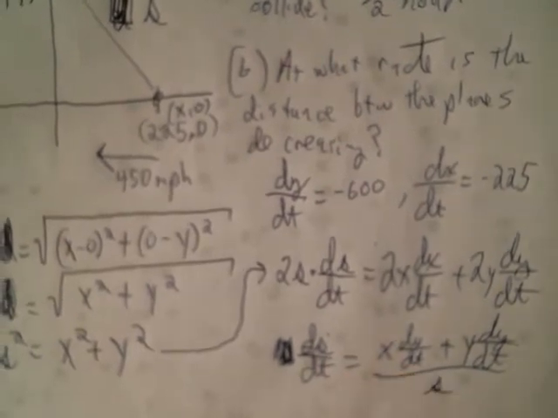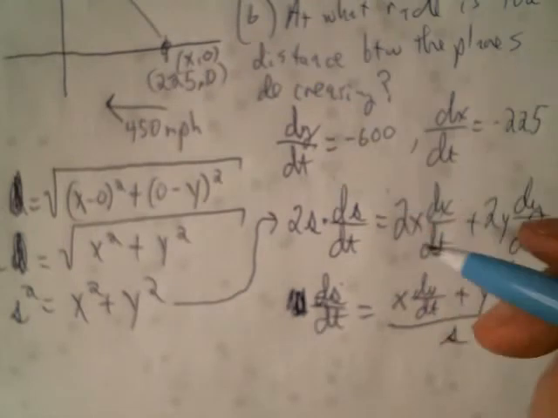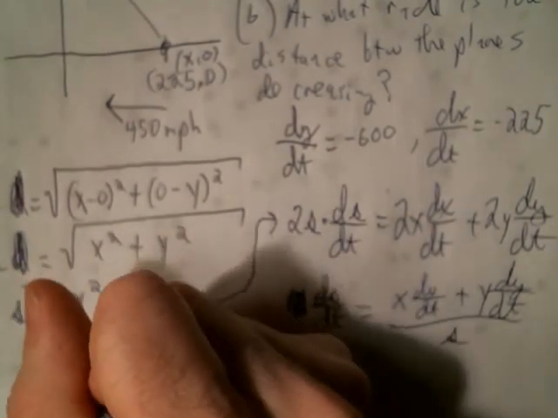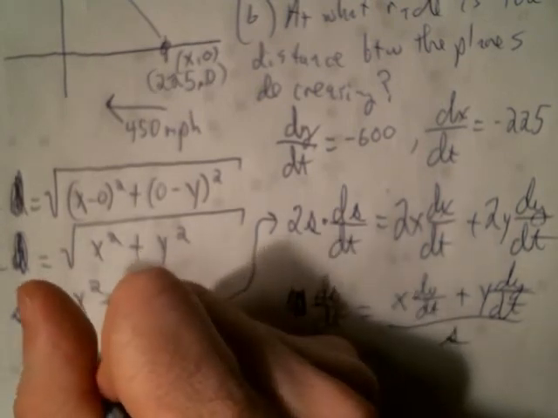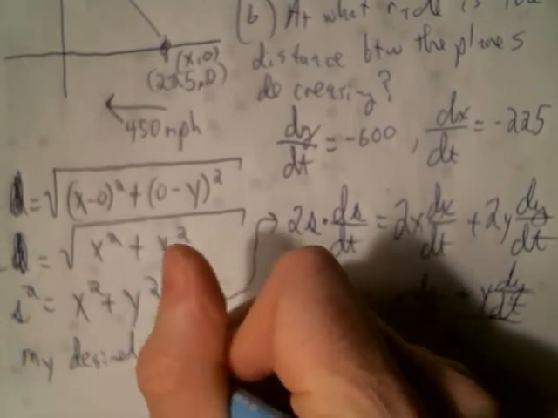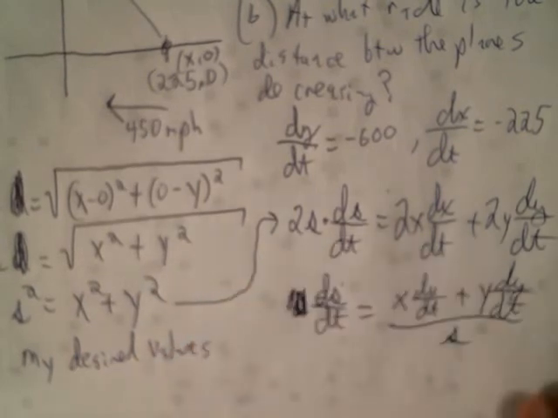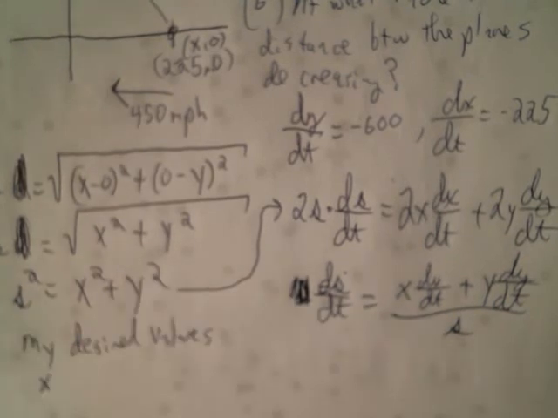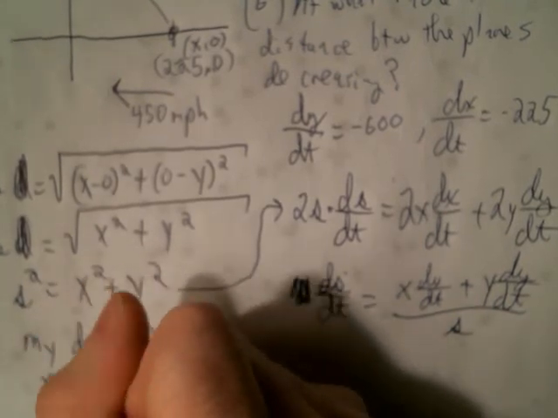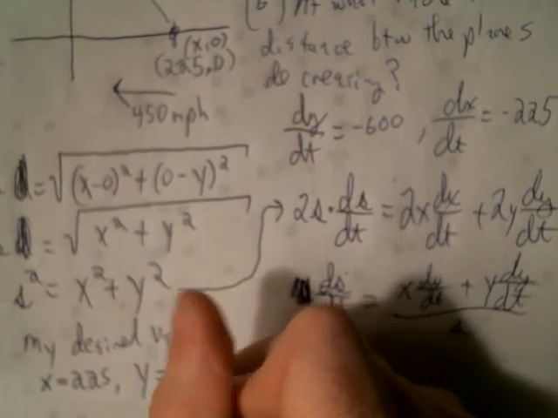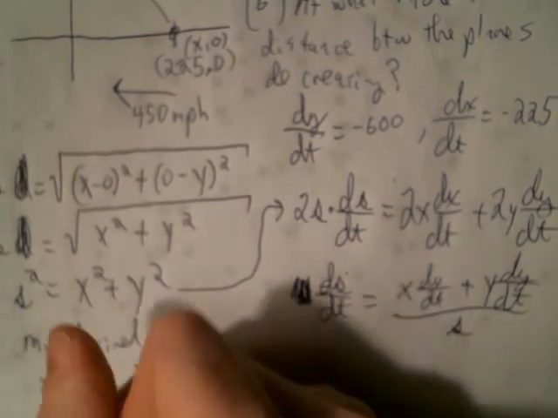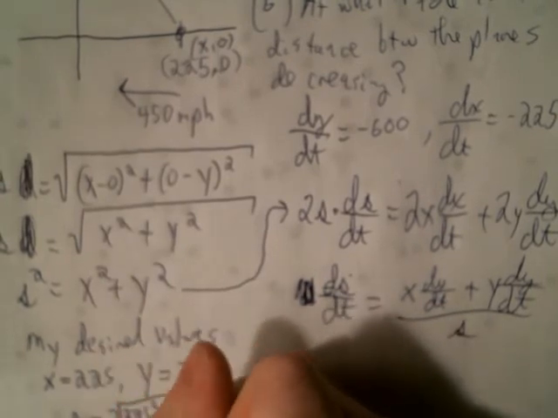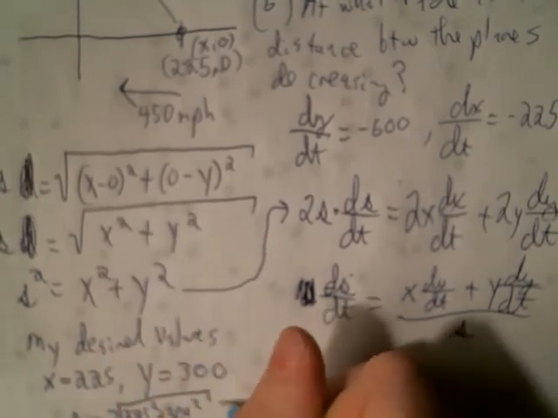I have kind of an initial condition, 225. So my desired values to be plugging into this related rates formula: we have x is 225, y is 300, s then will be the square root of 225 squared plus 300 squared.